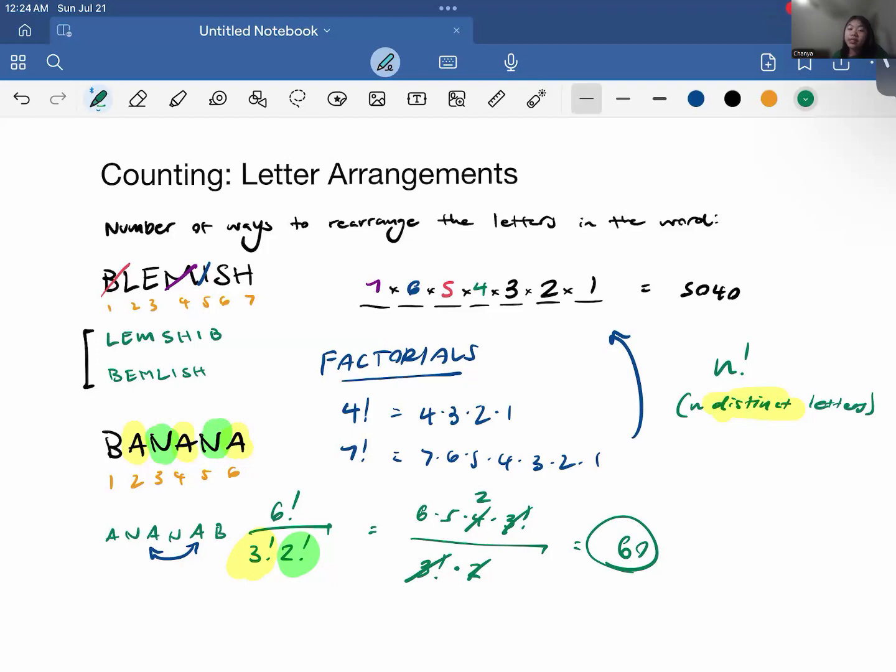The number of ways to rearrange the letters in a word that has non-distinct letters, on the other hand, such as the word banana, which has duplicate A's and N's, you just take the number of total letters you have, factorial, and divide it by the number of ways to arrange the duplicate letters. So in this case, it would be 6 factorial divided by 3 factorial and 2 factorial.